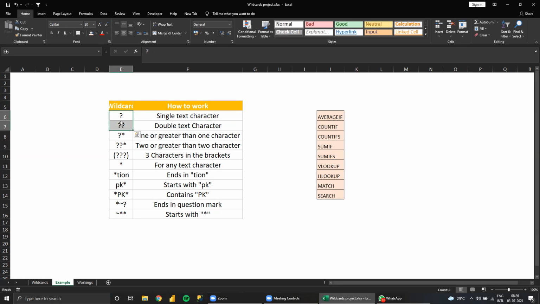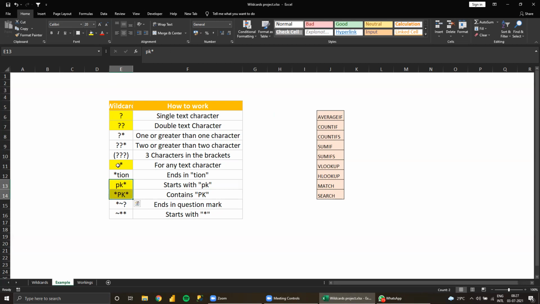Now for any characters, suppose star and sun, so this is end with sun. The PK sum is PK, starts with PK. So it is like this.